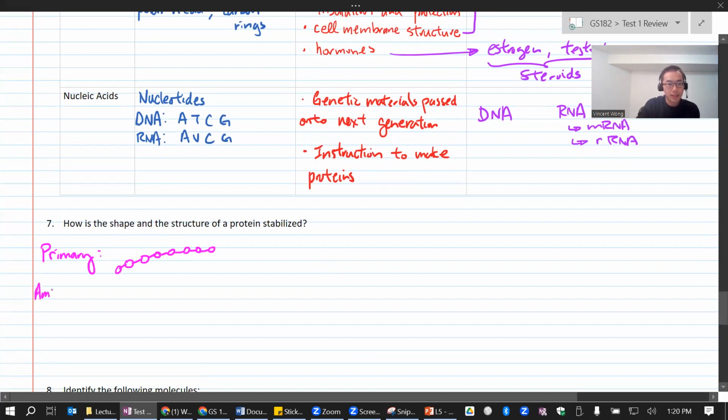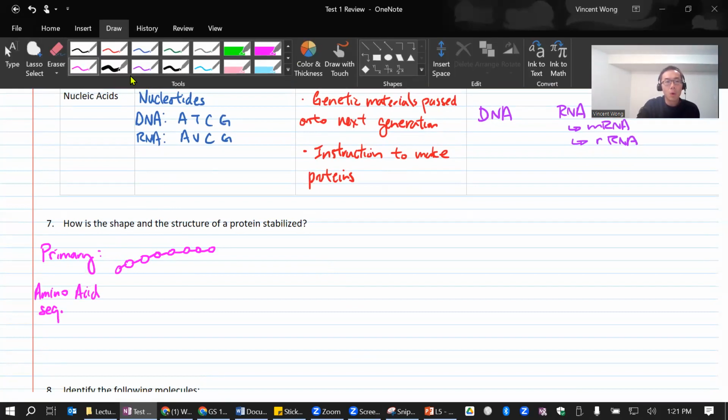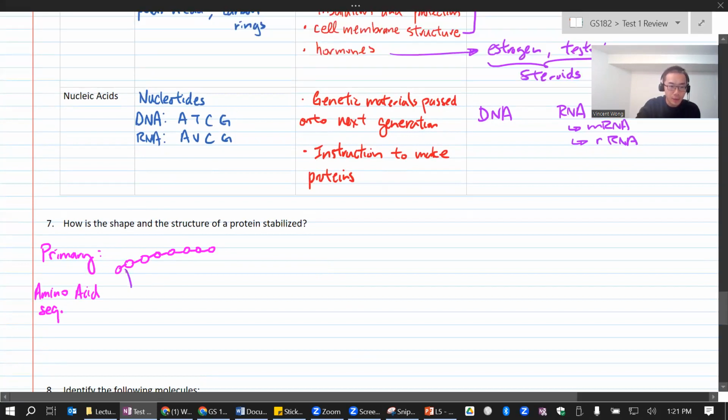And what holds these amino acids together is covalent bond. Right? All the macromolecules essentially are held together by covalent bonds.